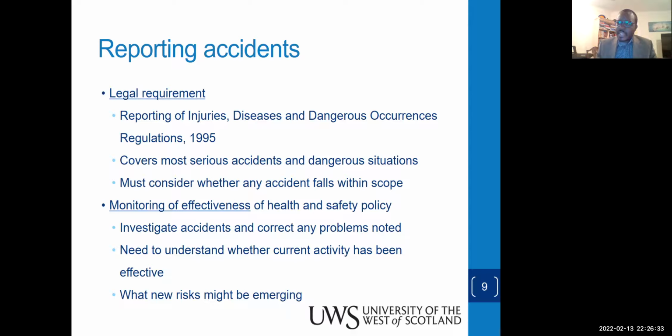And the expectation is that firms will keep their own records of all these accidents, and monitor them, review them. Like I said, sometimes you want to run a risk mapping exercise. Consider whether any of the risks identified in the workplace assessments fall within this regulation of 1995.